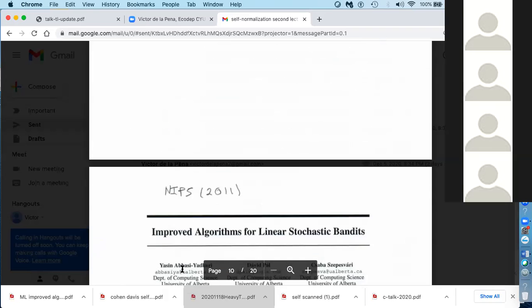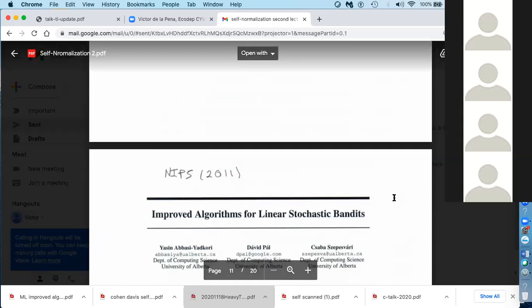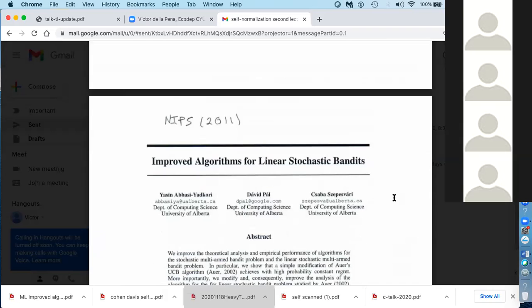Okay, so the first example where decoupling was used in machine learning that I know of: whenever there's a paper on machine learning citing my work, I receive an email from Google. And there I found this result, an improved algorithm for linear stochastic bandits. Now, stochastic bandits are related to the way in which, for example, Netflix picks the movies to show you.